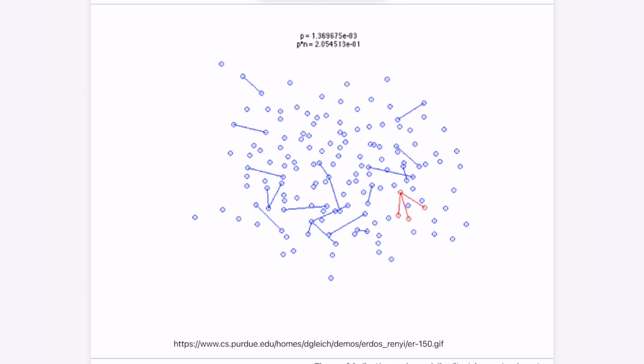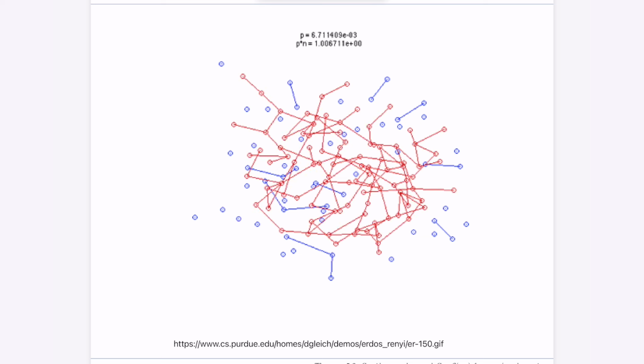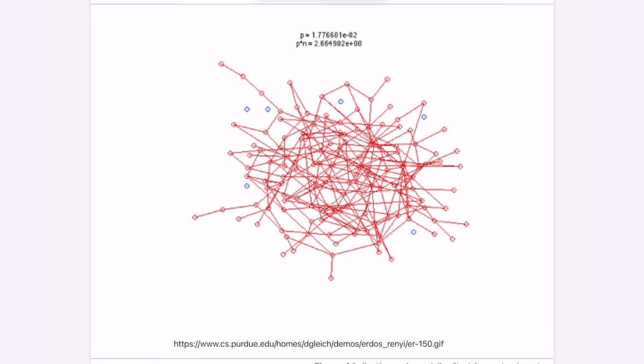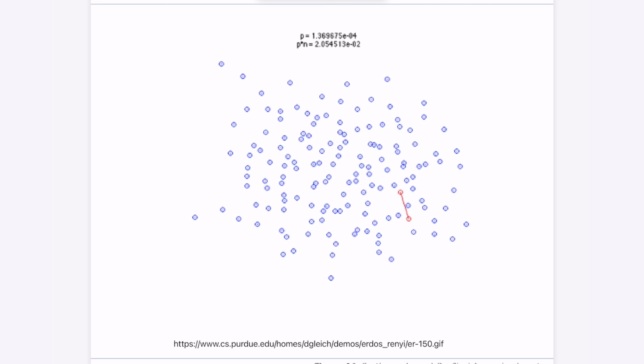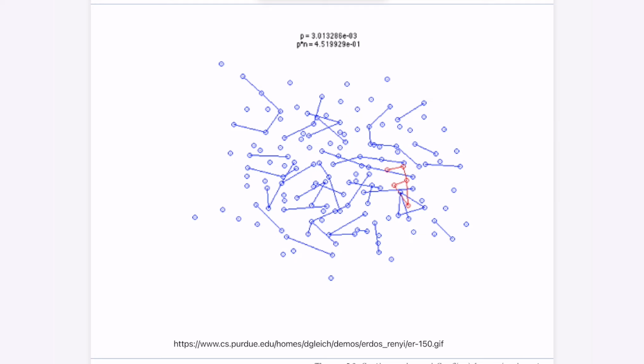Eventually, it has to. Okay, so there's the largest component. But as you start to approach, now you have a giant component, and as you get bigger, it's going to fill in. Okay, it's exciting. All right, that's the idea.